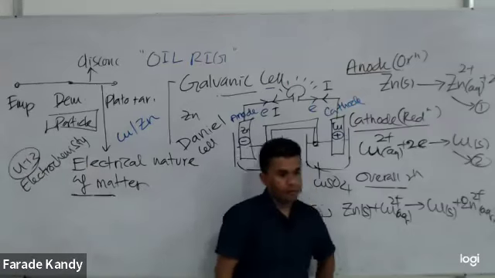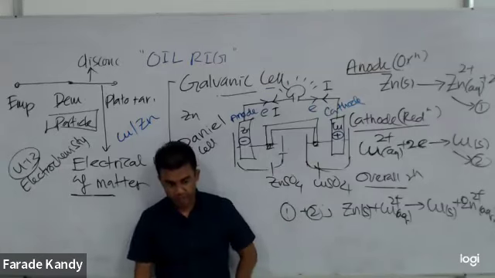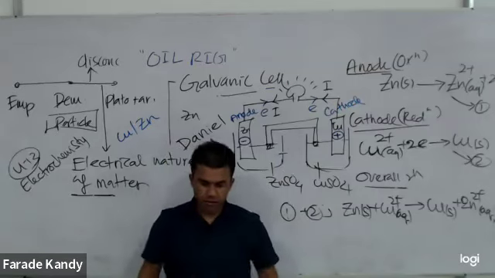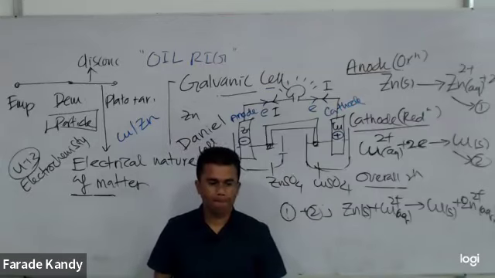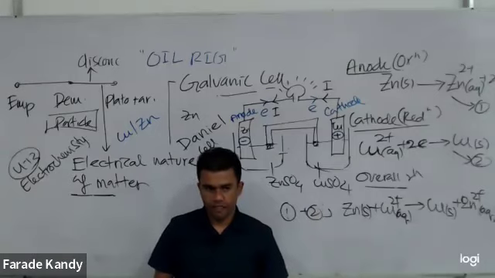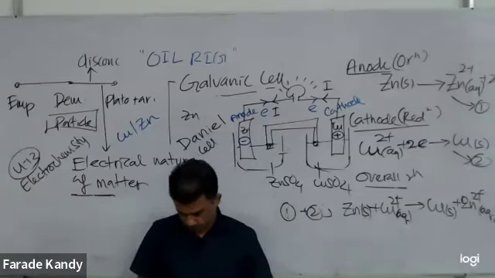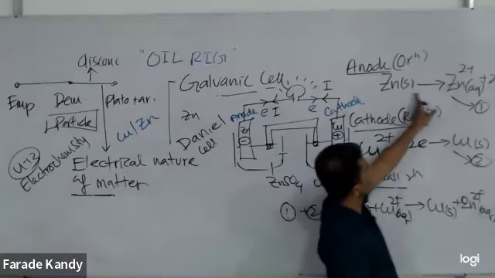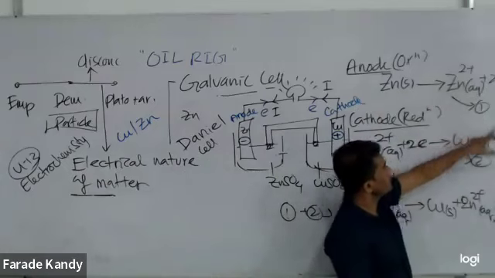Since the electrons are deposited on the metal bar, it gets negatively charged. Okay, then copy that oxidation reaction and label it as the first equation.